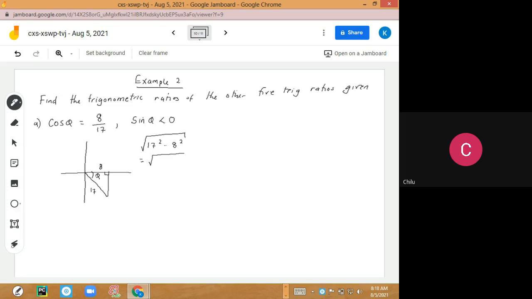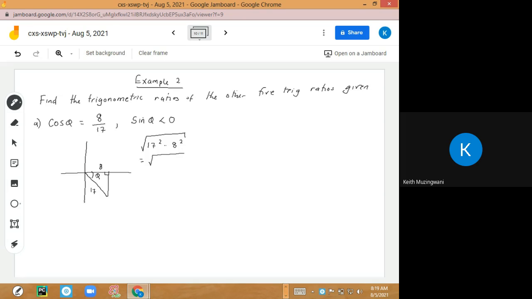Excuse me, sir. So the question is supposed to read as the other side, not the other 5. It's the other 5. It's 225, sir. No, we want to show the way.